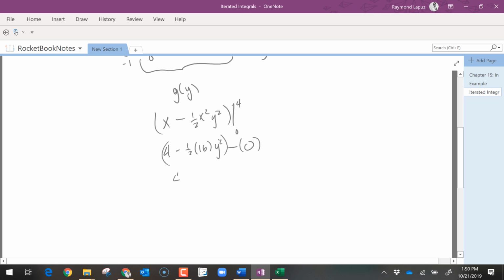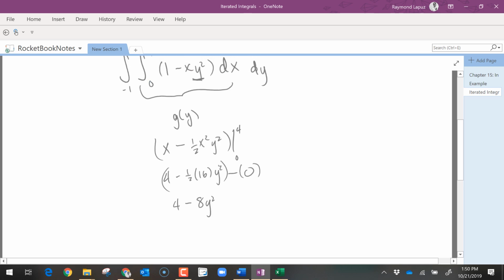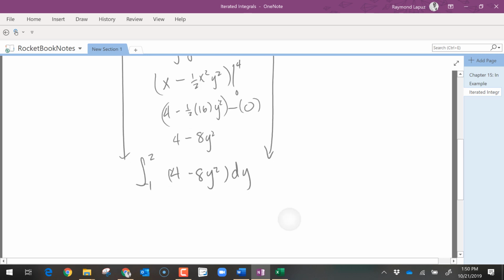And let's just quickly simplify this. 4 minus 8y squared, right? Now let's integrate that from -1 to 2 with respect to y. So this is going to be 4y minus 8/3 y cubed, from -1 to 2.